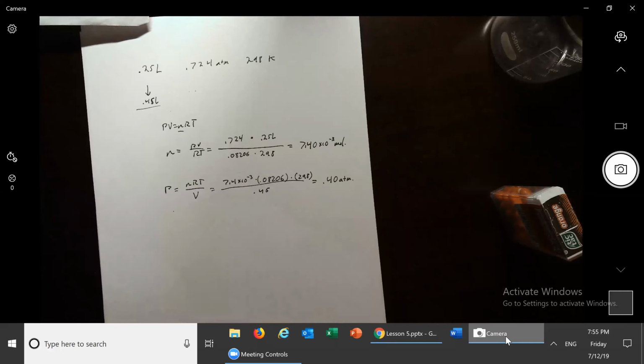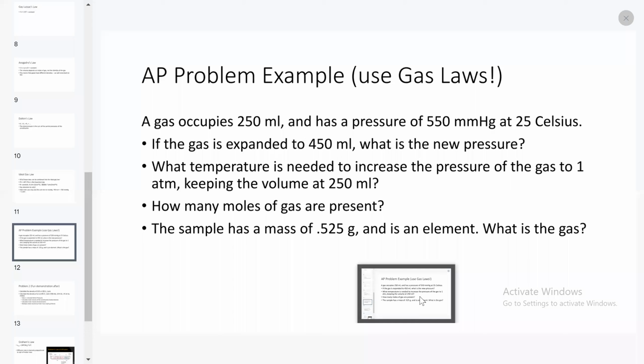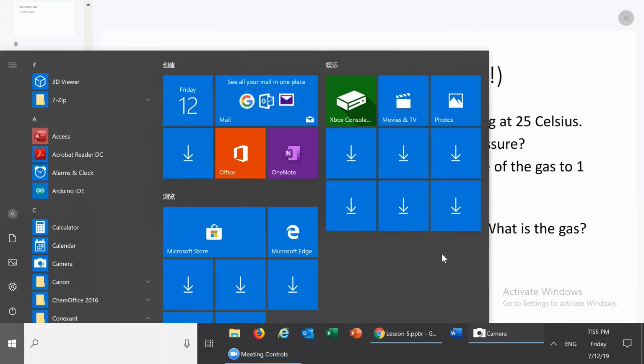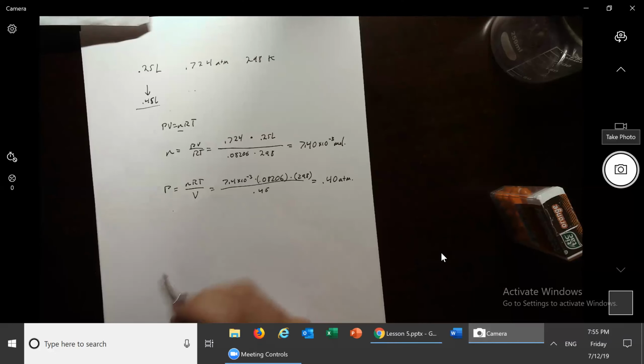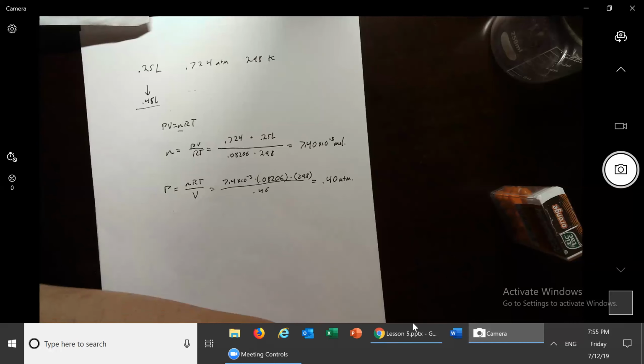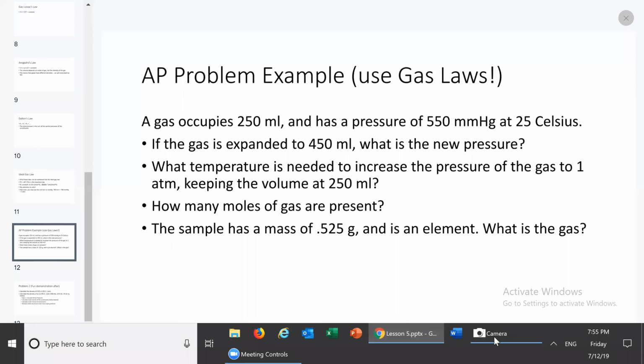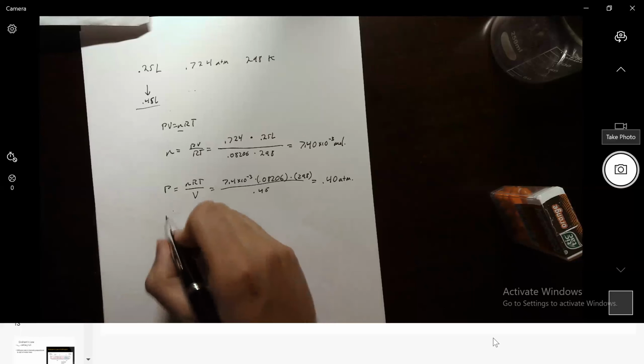Now what's the next part of the problem? What temperature is needed to increase the pressure of the gas to 1 atmosphere while keeping the volume constant? Again, we just rearrange the equation.